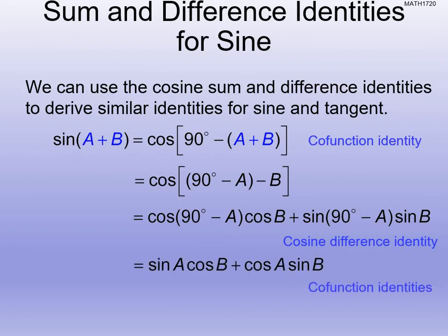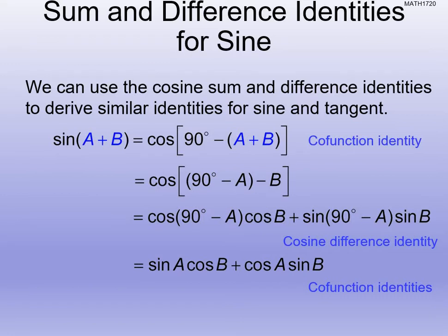Now we can rewrite this, replacing the cosine of 90 minus a and the sine of 90 minus a. Remember, cosine of 90 minus a is just the cofunction, sine of a. That's why we rewrite cosine of 90 degrees minus a as sine of a. We don't rewrite the cosine of b.